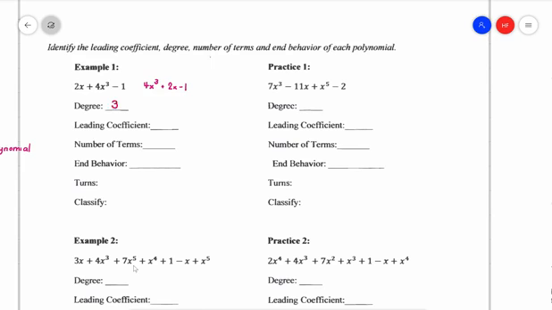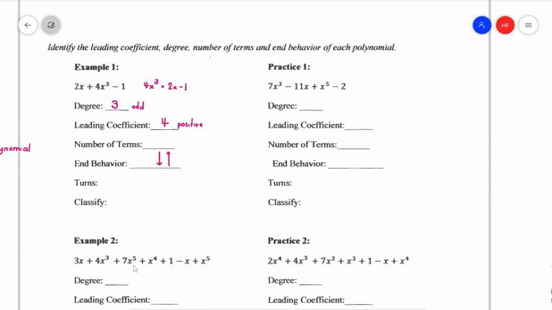The leading coefficient is 4. 3 is odd. And 4 is positive. So positive tells me my last arrow is going to be up. And then the 3 being odd tells me that they're going to be opposites.